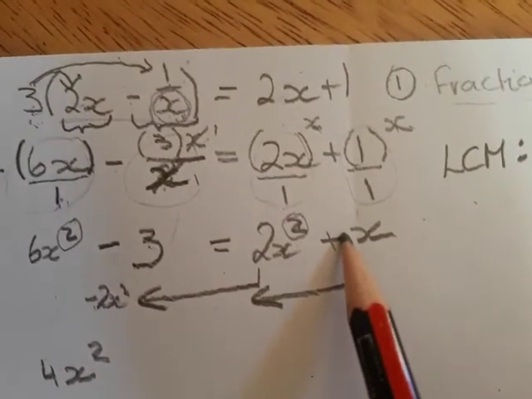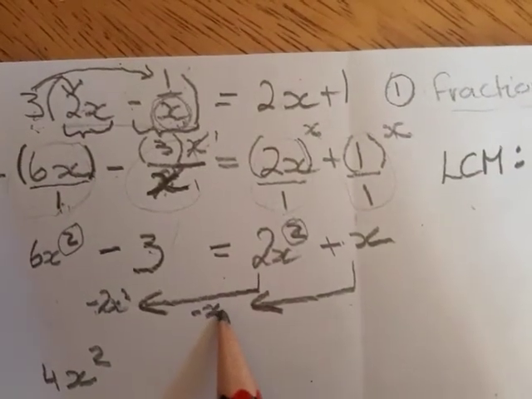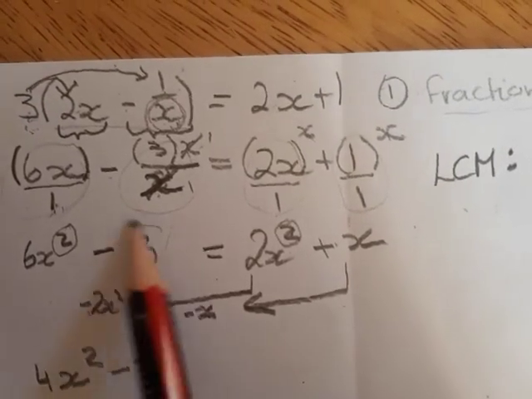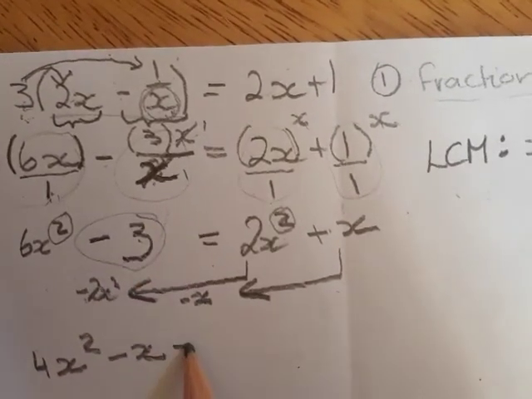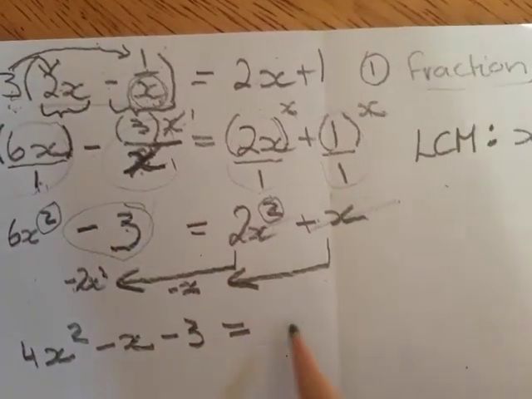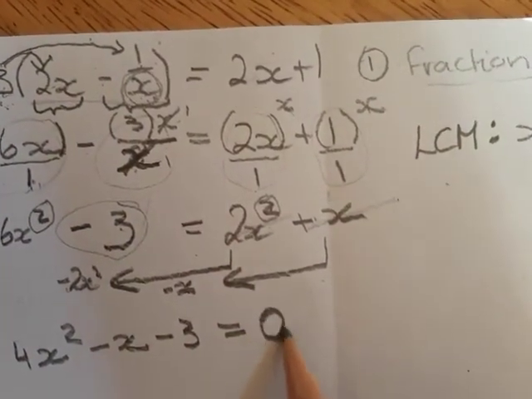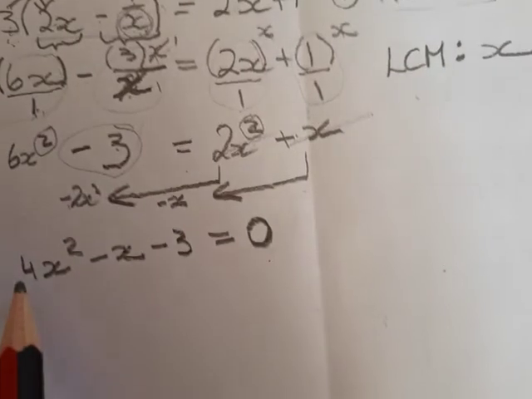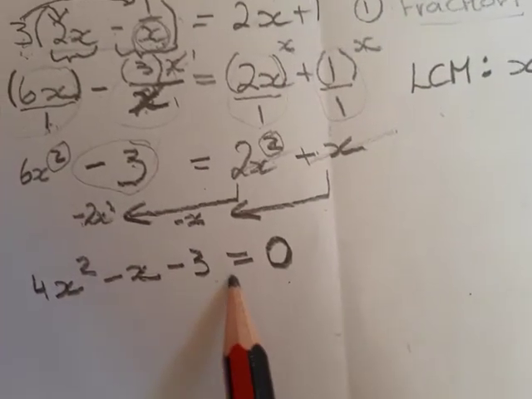Then this is positive x, so it becomes negative x on the left, so minus x. And then we still have the -3, minus 3 equals, on the right hand side we've got nothing left, which is 0. So now you changed from the fractional part, people, to a simple quadratic equation.